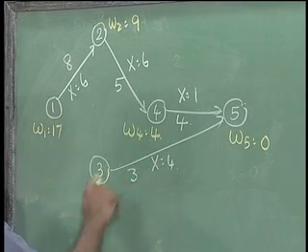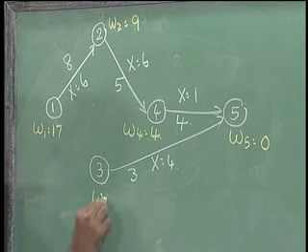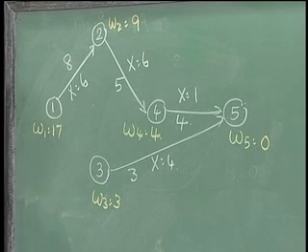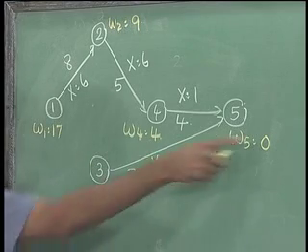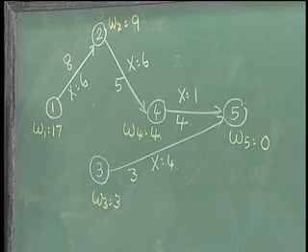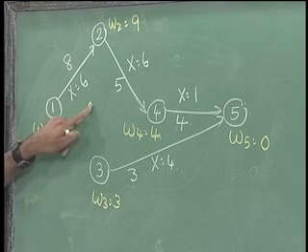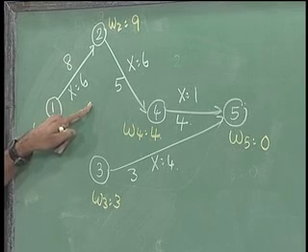So, here we will have W3 equal to 3 because Wi minus Wj is equal to Cij. So, we have now computed the new dual variables associated with this particular basic feasible solution to the primal.